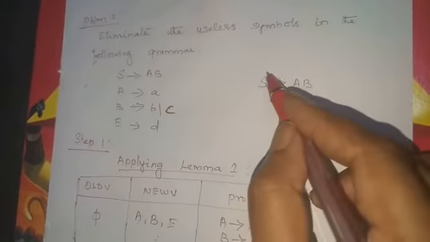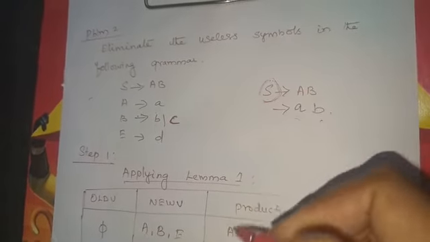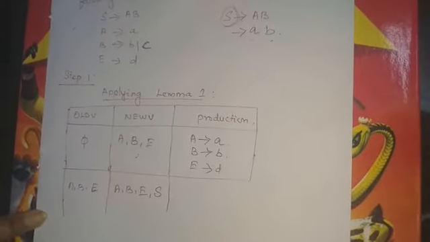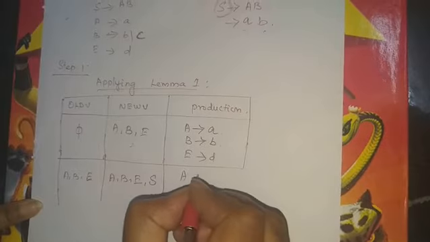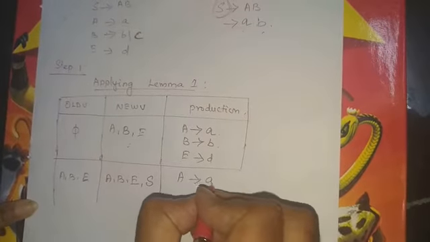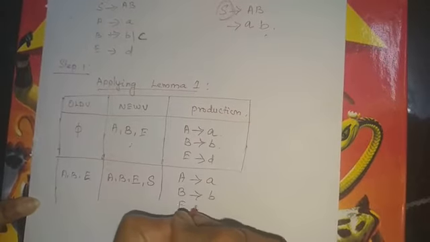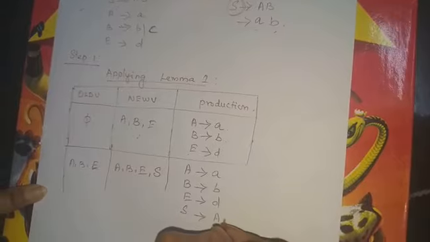Then I can consider this non-terminal and add it in new V, so I am adding S. Now what are the productions you have considered? A implies a, for B it is B implies b, for E it is E implies d, and S implies AB.